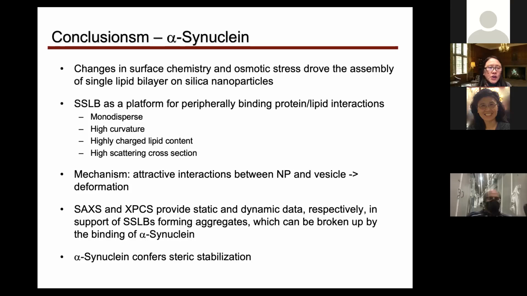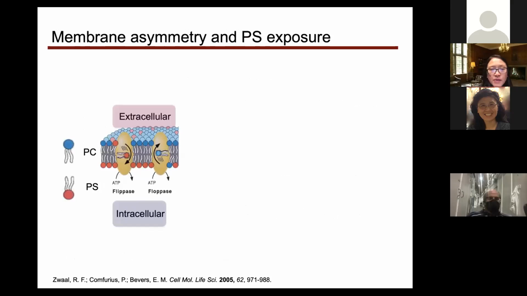So this sort of gives you a sense of the type of problems that we're interested in. And many of the projects in the lab pertain to trying to really get at a molecular understanding of the lipid-protein interactions at hand.